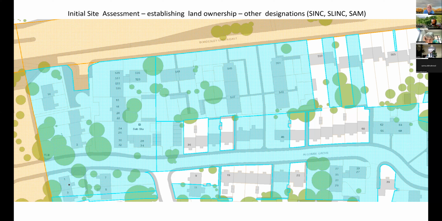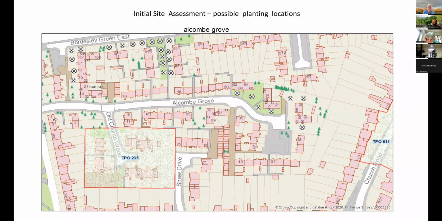And so we can be looking here. Move to the next slide. This is a little bit of map that we just generated from that same GIS layer, putting some potential planting locations where we could see that there weren't trees.